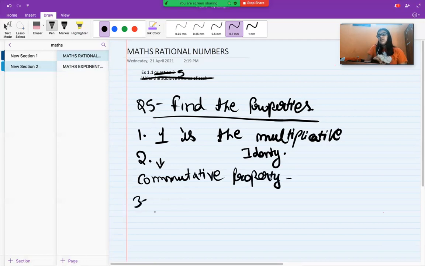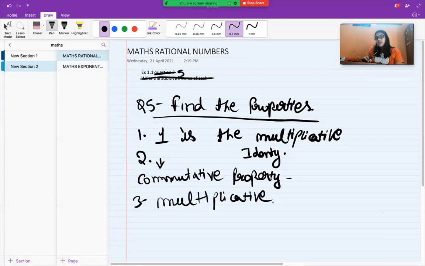And the third one is the multiplicative inverse property. So we have done the question number 5 also.